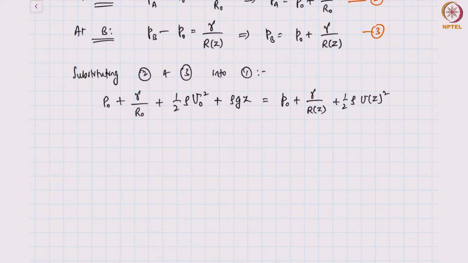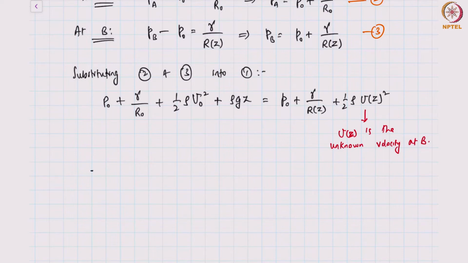I do not know the velocity at B. So U of z is the unknown velocity at B, right?